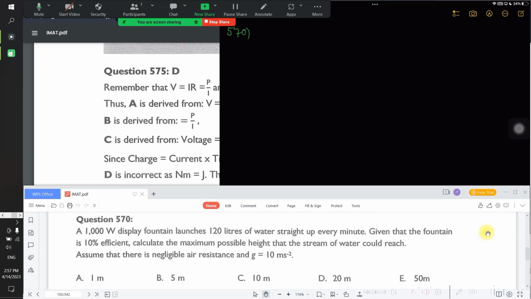Given that the fountain is 10% efficient, calculate the maximum possible height that the stream of water could reach. Assume negligible air resistance and g is 10 meters per second squared.